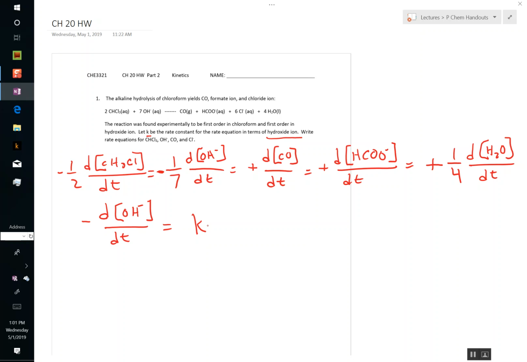The disappearance of the hydroxide with respect to time is equal to this constant, the rate constant for the reaction of the hydroxide, times the concentration of the chloroform to the first power.